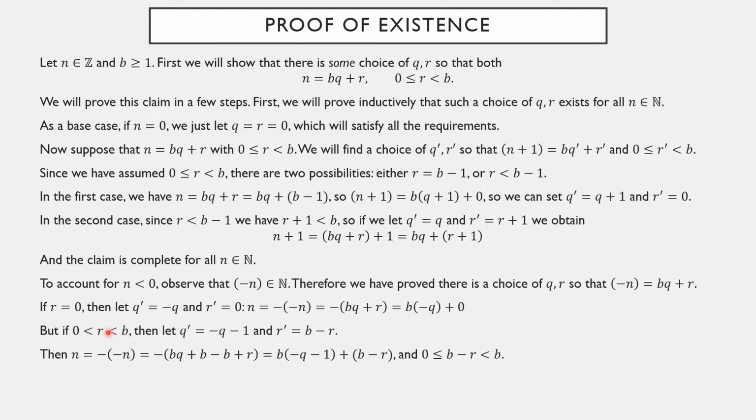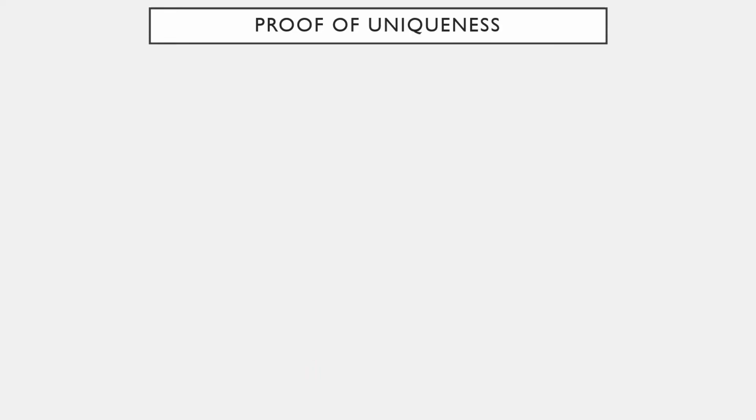But since r was less than b, b minus r is bigger than or equal to 0. And since r was bigger than 0, b minus r is less than b. So this remainder is allowable. Okay, so therefore, since this positive integer had a way to be written in the desired form, this negative integer has another way to be written in the desired form. So we've shown that any integer can be written as bq plus r, where r is in between 0 and b, but why is there only one way to do it?